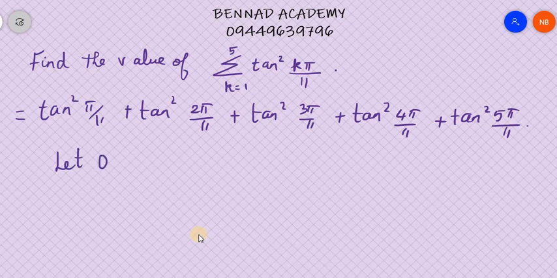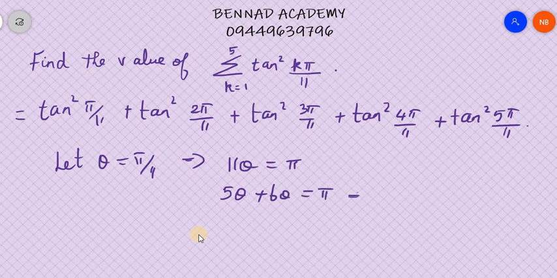Let us take theta is equal to pi by 11, which means 11 theta is equal to pi. And this 11 theta I will write as 5 theta plus 6 theta is equal to pi. So this becomes 5 theta is equal to pi minus 6 theta.